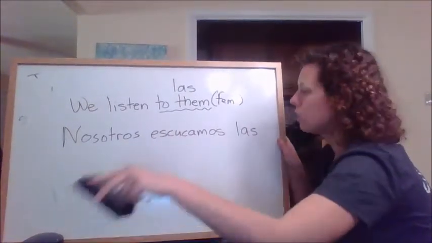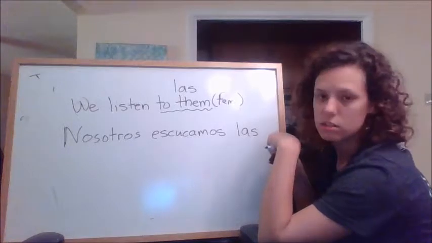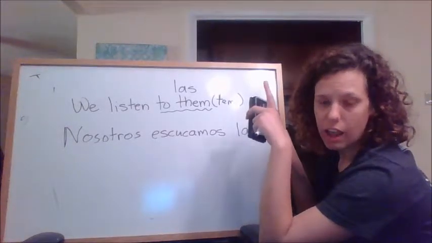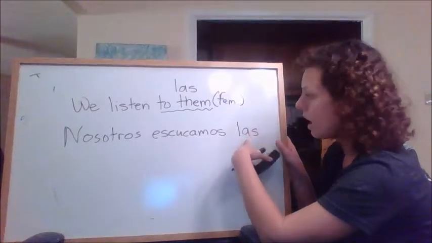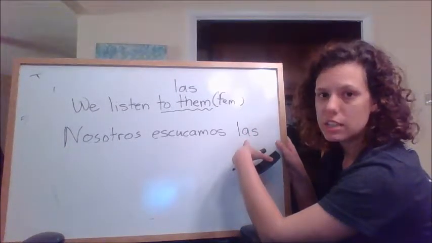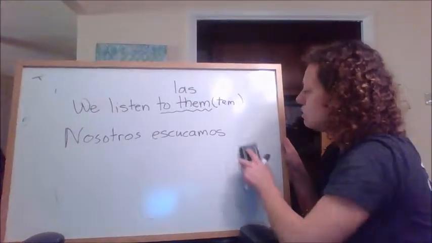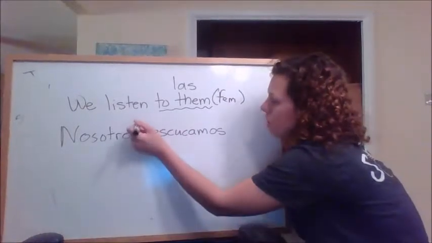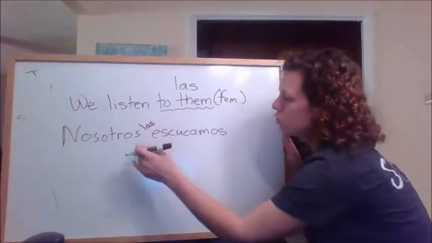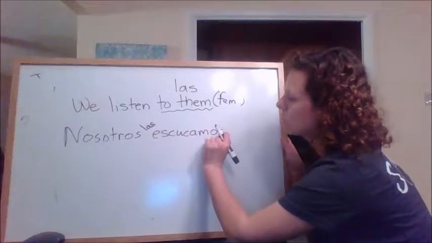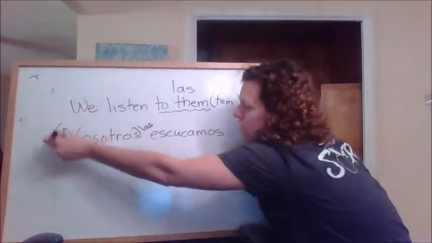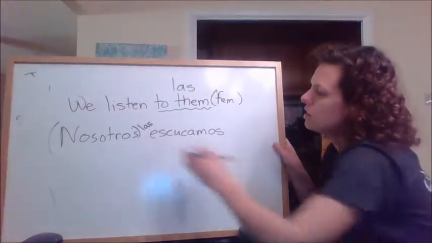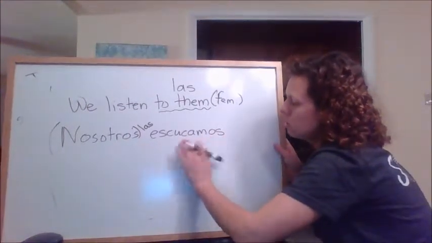Because how many verbs are in this sentence? There's just one, and it's conjugated. So we know that if I have a pronoun, the only place that it can go in a sentence is before the conjugated verb. So it's got to be nosotros las escuchamos. Once again, you can leave the nosotros off and just say las escuchamos because this is a given based on this conjugation of the verb.